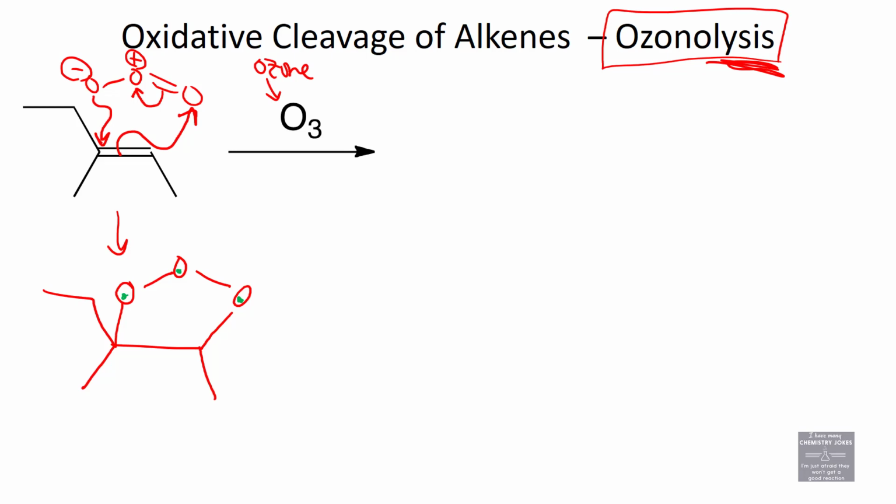So this thing decomposes. Let's break this thing down. Well, let's do it in green, aliens are green anyway. So we end up making a double bonded oxygen.